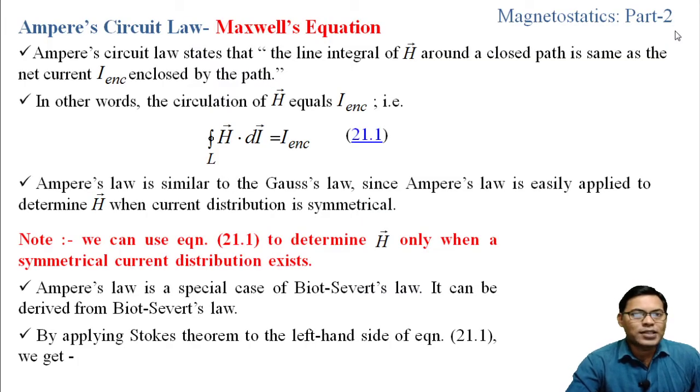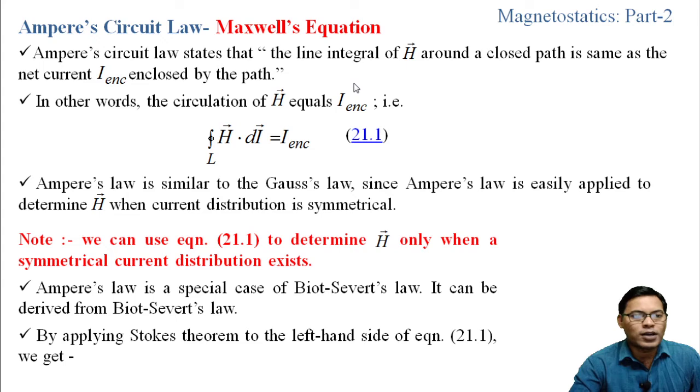Ampere's circuit law states that the line integral of H, that is the magnetic field intensity, around a closed path is the same as the net current I_enc. Here I_enc means the current enclosed by the path.